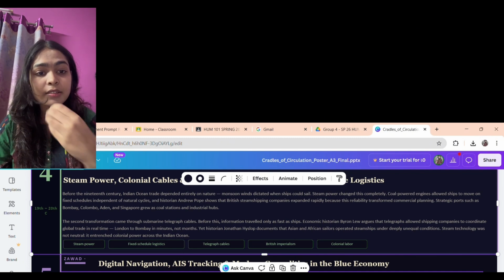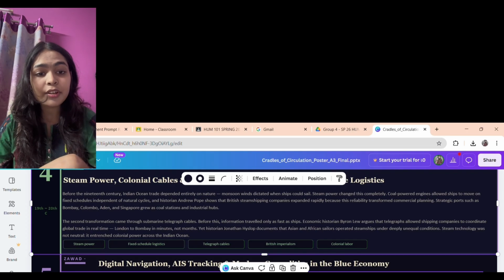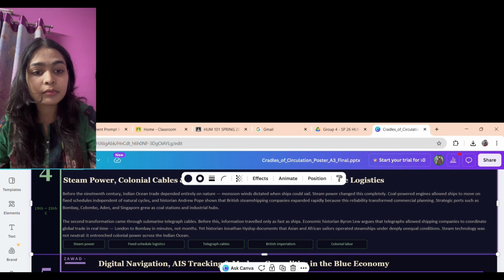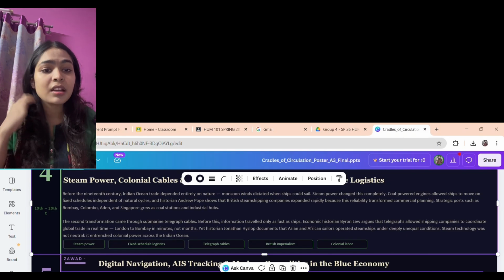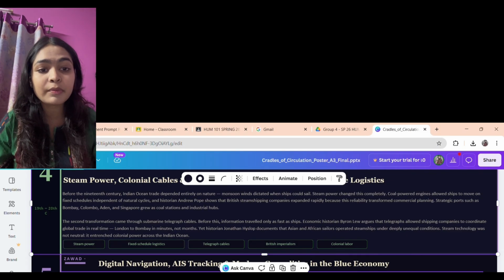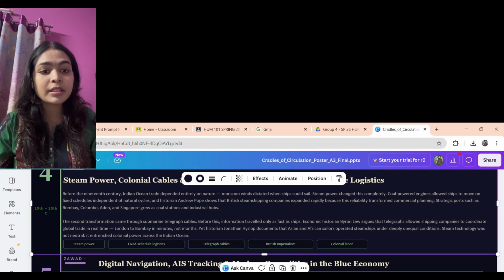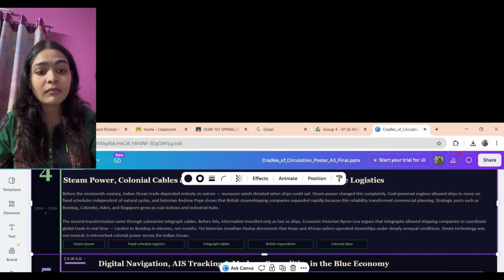This created uncertainty in trade and communication. I think this development was just as important as steam power itself. Steamships improved the movement of goods, but telegraph cables improved the movement of information. Together, these technologies created a new form of global connectivity.